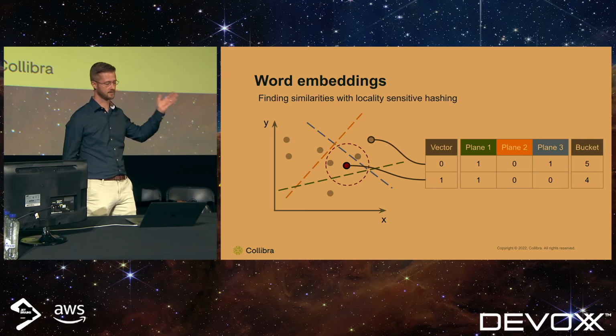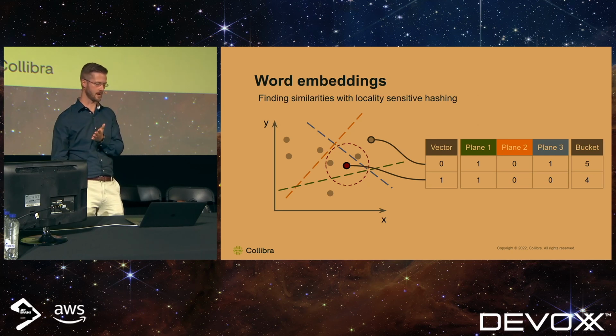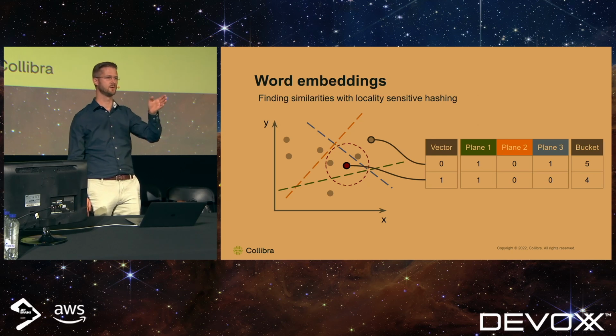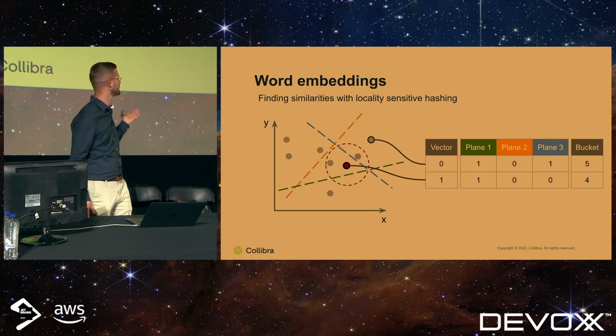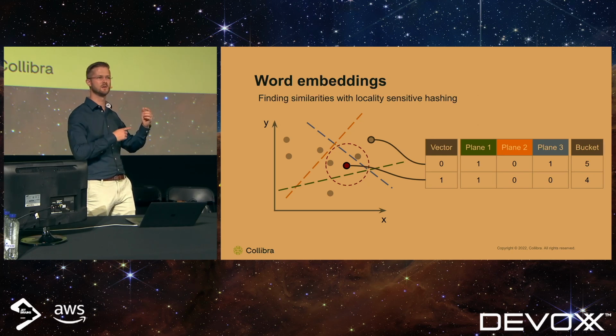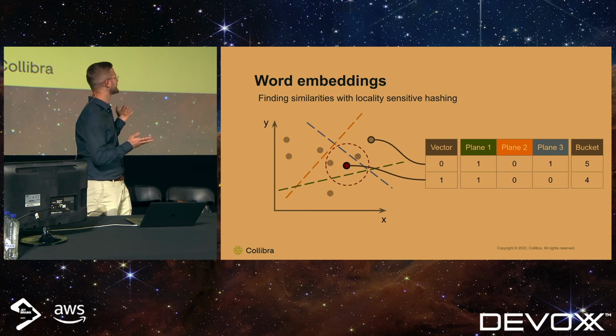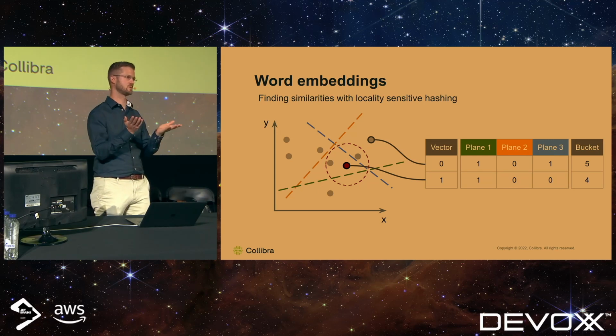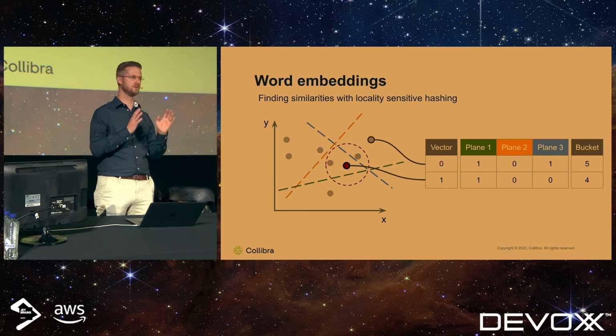So for the red dot, that means it's above the green line, below the orange line, and below the blue line, right? So that's a 1, 0, 0. That's a binary number. You could convert it back into the decimal domain. That's number 4.